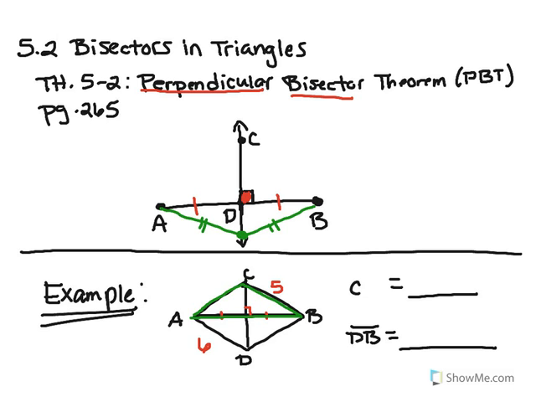So CA. Because this segment over here is congruent to this segment, both with the red tick marks, then that follows my theorem 5-2, the perpendicular bisector theorem, and then this side, CA, must also have a length of 5. So then how do we find the length of DB? And the answer is the same exact thing.